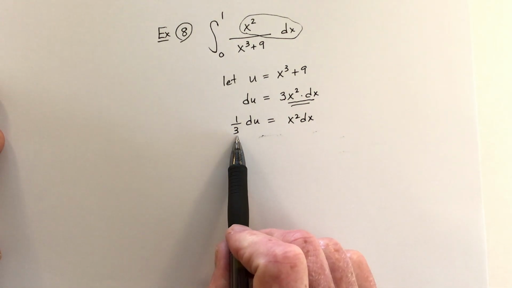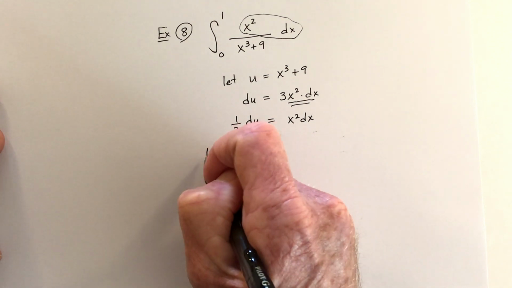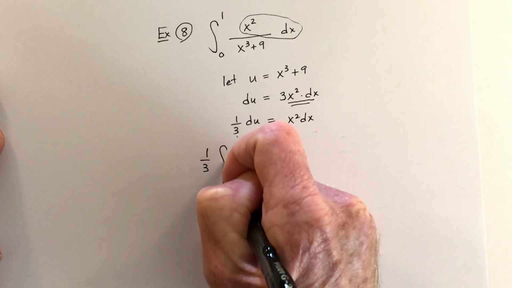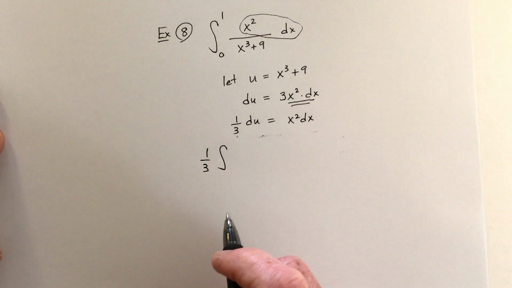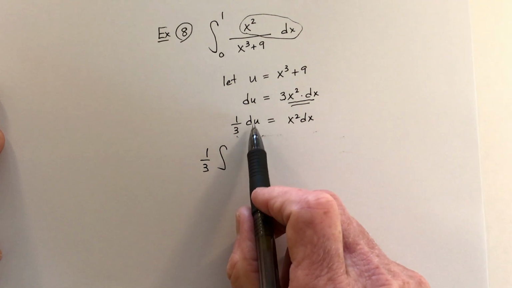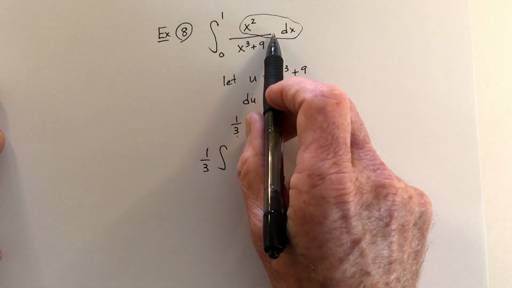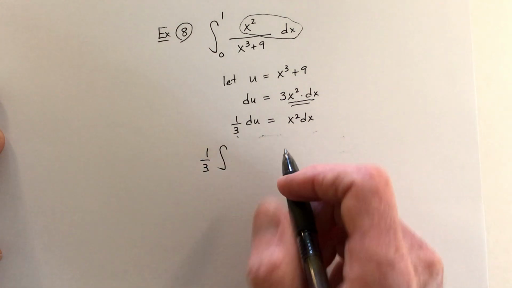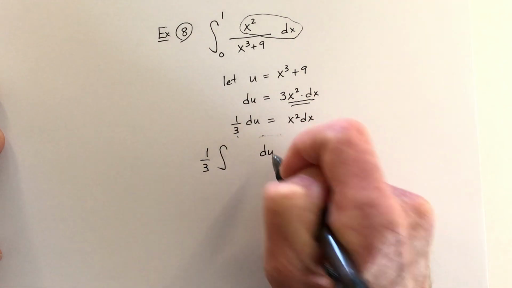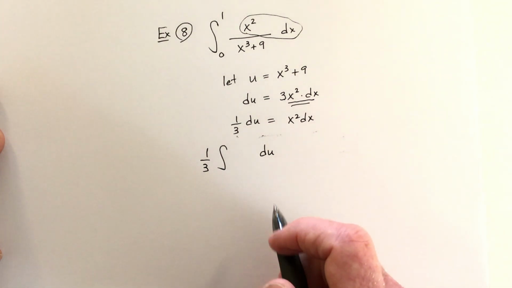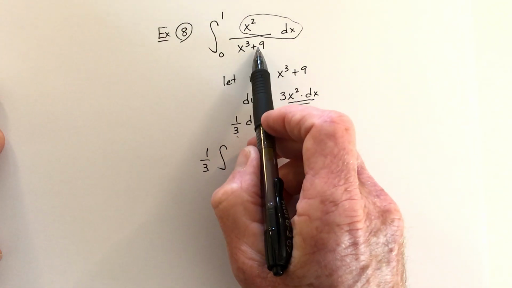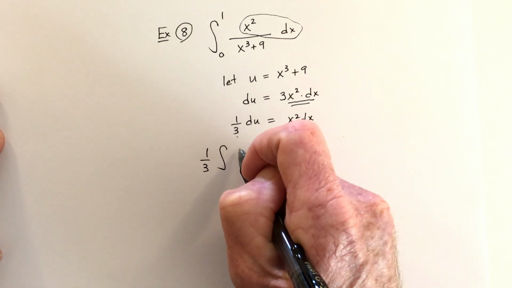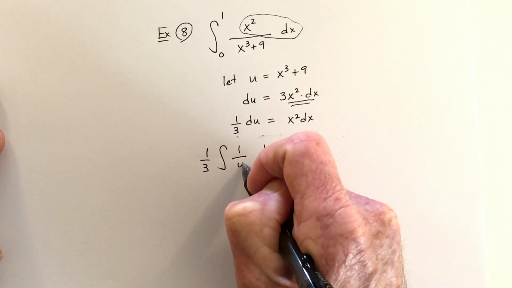And like last time, this fraction, I'm just going to factor it out. And then the top part right here gets replaced with the 1/3 times du. So the 1/3 can go on the outside, and then the du can be right here. And then this bottom part is the u. So basically it is 1 over u.